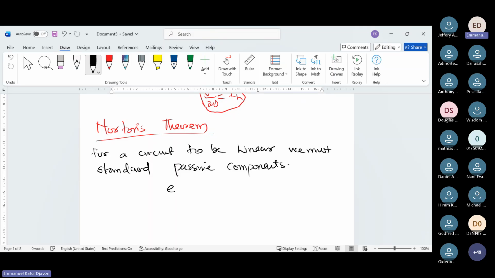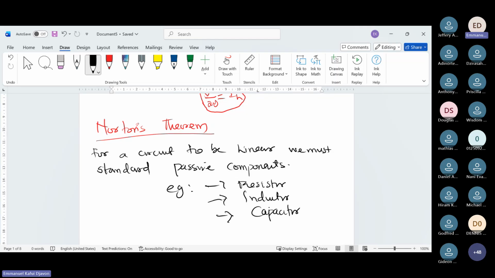And the examples of these components are: one, you have a resistor. Two, you have an inductor. And three, you have what? A capacitor.